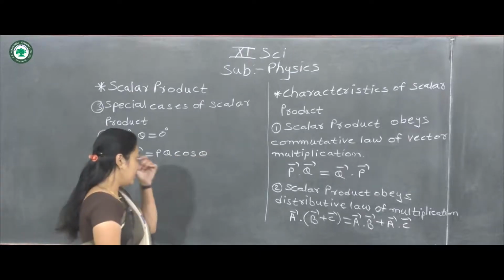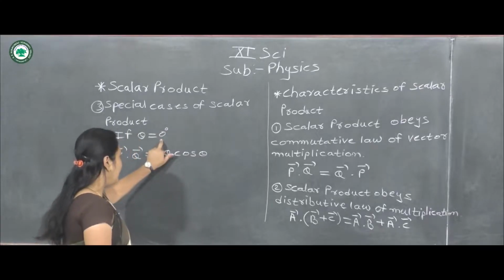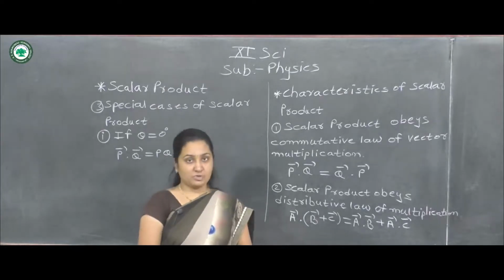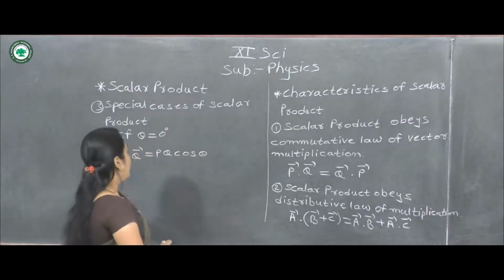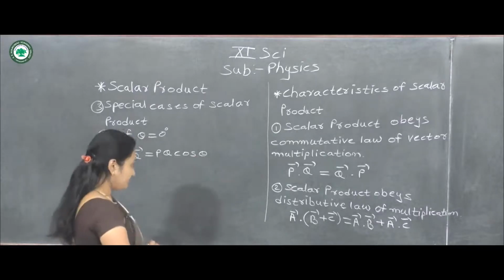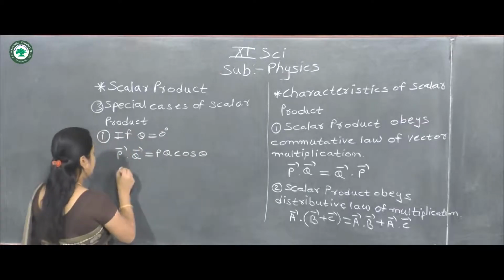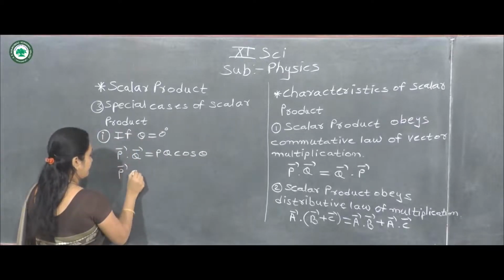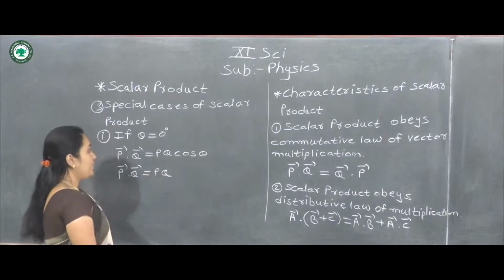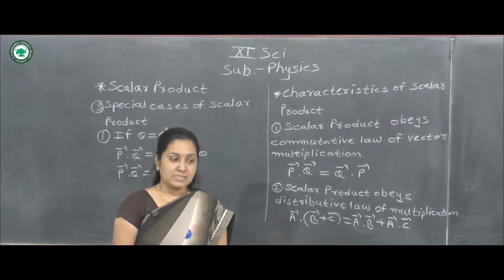In this case, if theta is equal to 0 degree, that is two vectors are parallel to each other, then we can substitute 0 here. So cos 0 is nothing but 1, so we have p bar dot q bar is equal to pq.